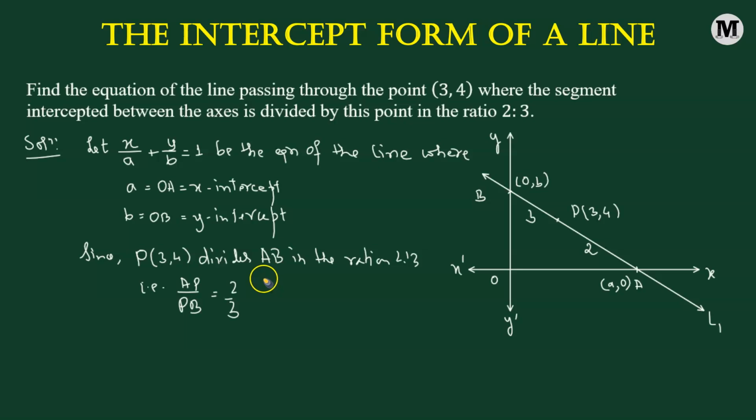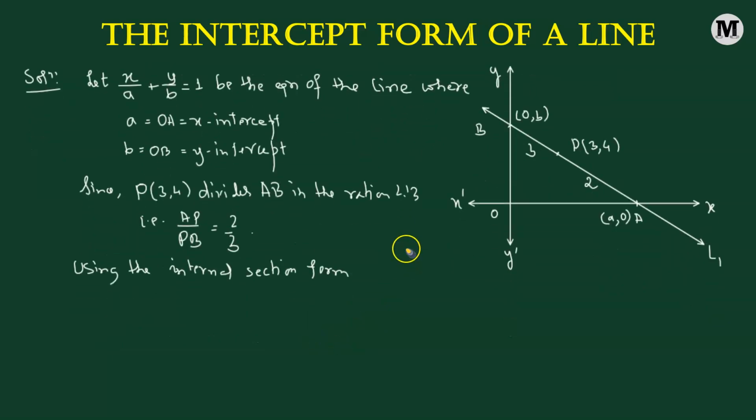So here we can apply the internal section formula. Using the internal section formula, we can express the coordinates of the point P in terms of its endpoints A and B. It's already given that the coordinates of point P are (3, 4), but we can also express it in terms of its endpoints.